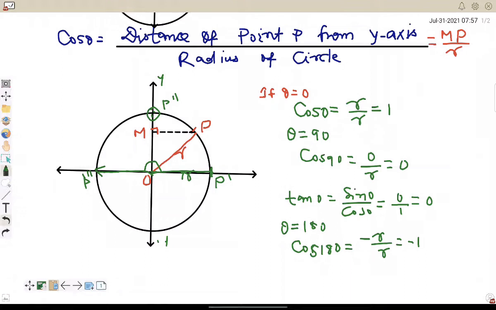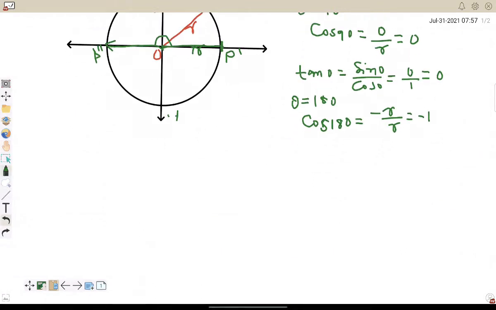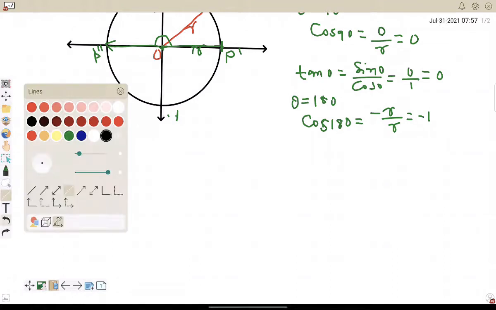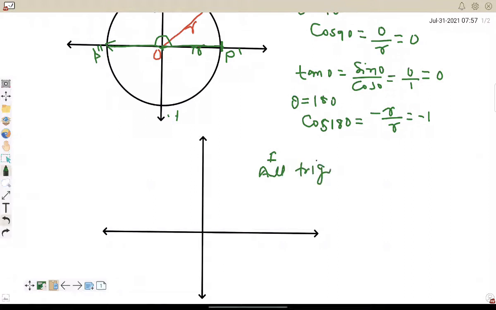Next one is how we can find the value of sin(180 plus theta) and sin(180 minus theta). For this we need to use some basic concept again, and the basic concept is, always remember, in the first quadrant all trigonometric ratios are positive.